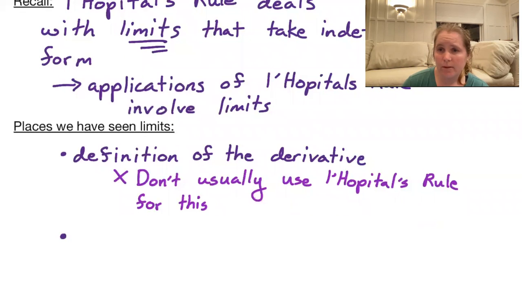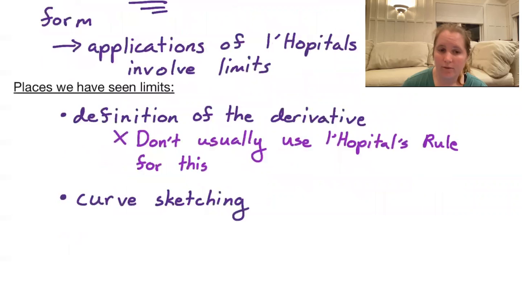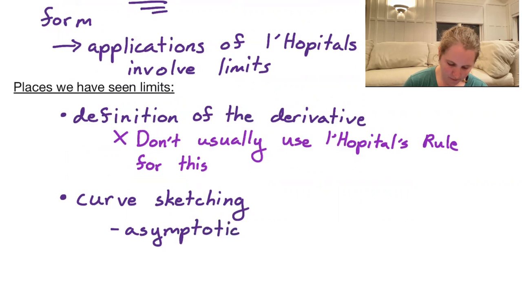Next up, we saw limits with curve sketching. So this can apply if we're trying to figure out asymptotes, so for asymptotic behavior.